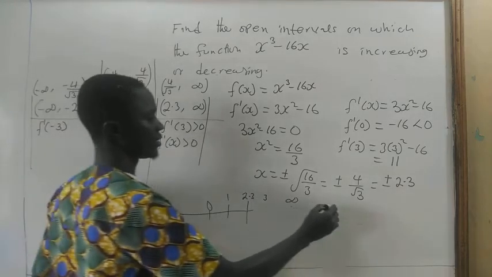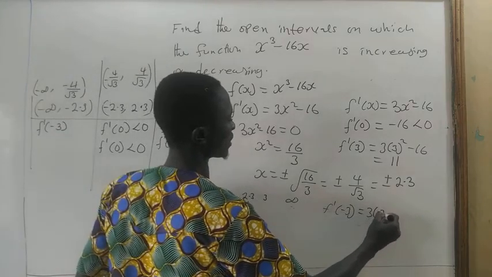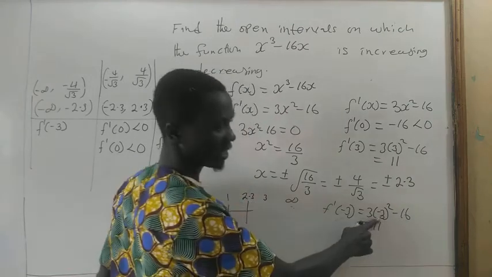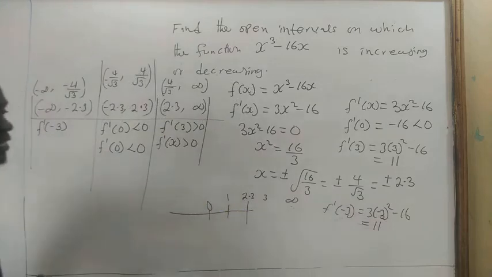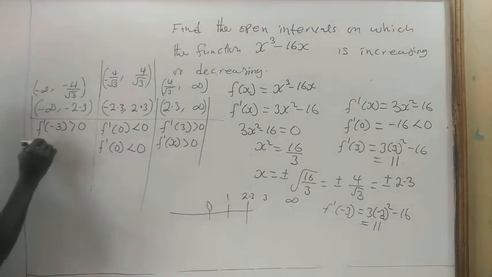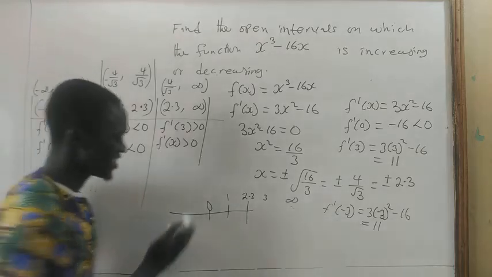If I take f prime of minus 3, I get 3 times minus 3 squared minus 16, which will give me the same positive 11, because minus 3 squared will be positive 9, times 3 will be positive 27, minus 16 is 11. So this one too will be greater than 0, and f prime of x on this interval is greater than 0. So now we are good to go.